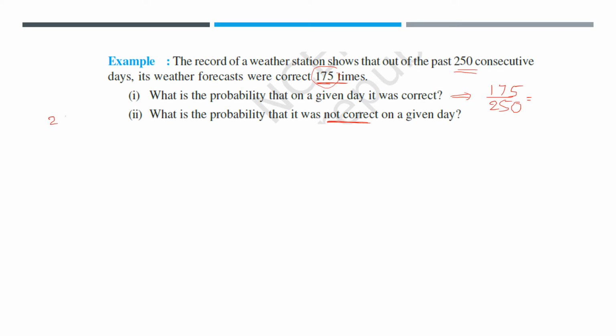In case you're trying to understand what I'm doing here: from the 250 days, on 175 days the forecast was correct, and on the remaining 75 days the forecast was not correct. So what is the probability that it was not correct on a given day? Probability of not correct is 75 over 250. This is a simple problem.